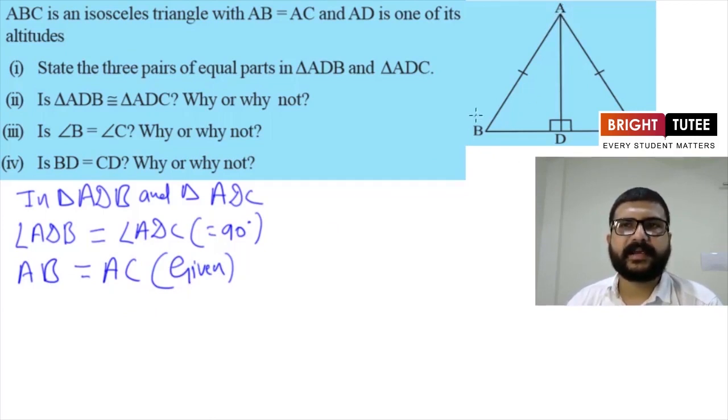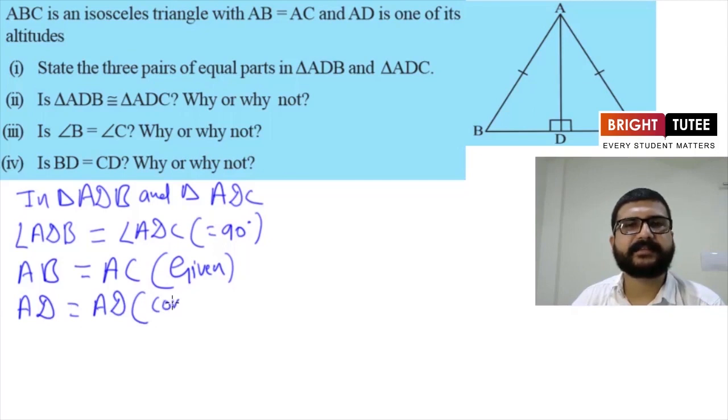The triangles are ADB and ADC. Is there any common side? Yes, and that is AD. So let's write it here. AD is equal to AD, and this is the common side. So these are the three pairs of equal parts in triangles ADB and ADC.